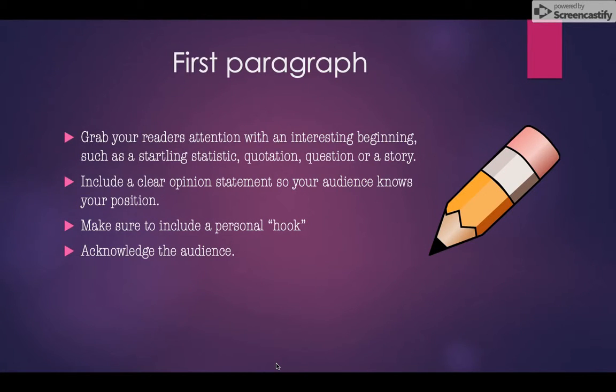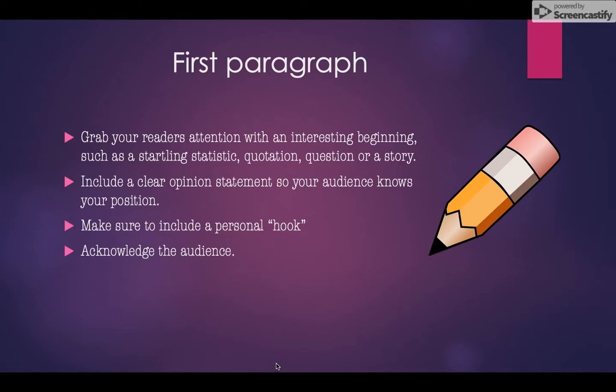All right. The first thing you need to do when you begin your essay is write your first paragraph, also known as your introductory paragraph. This paragraph needs to grab your reader's attention with an interesting beginning, such as a startling statistic, quotation, question, or a story. You need to make sure you include your opinion statement so your audience knows your position.